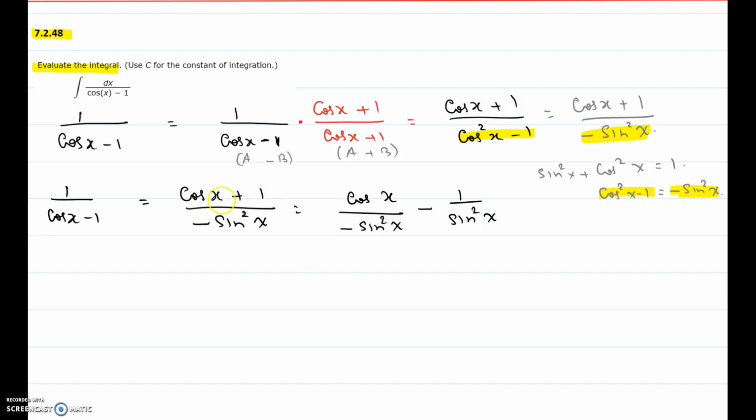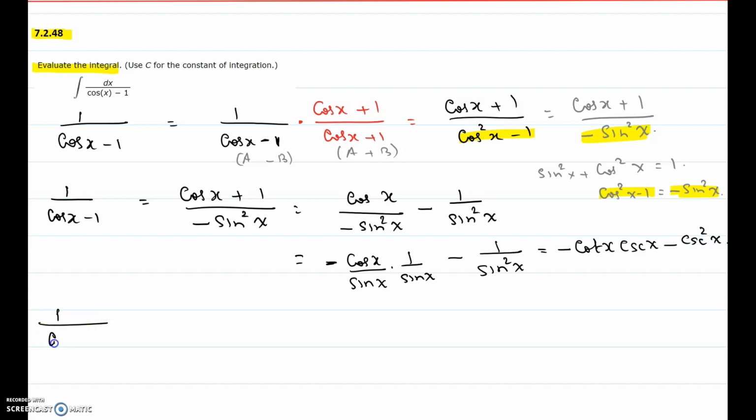So that will be negative cosine x over sine x times 1 over sine x, writing sine square x as sine x times sine x, minus 1 over sine square x. This is negative cotangent x, which is cosine over sine, times 1 over sine, which is cosecant x, minus 1 over sine square x, which is cosecant square x.